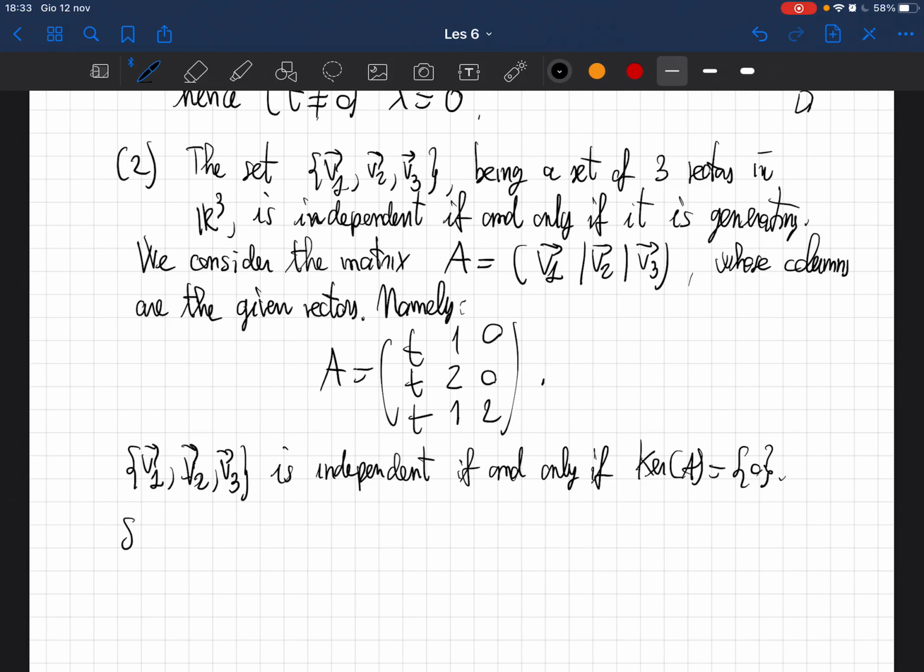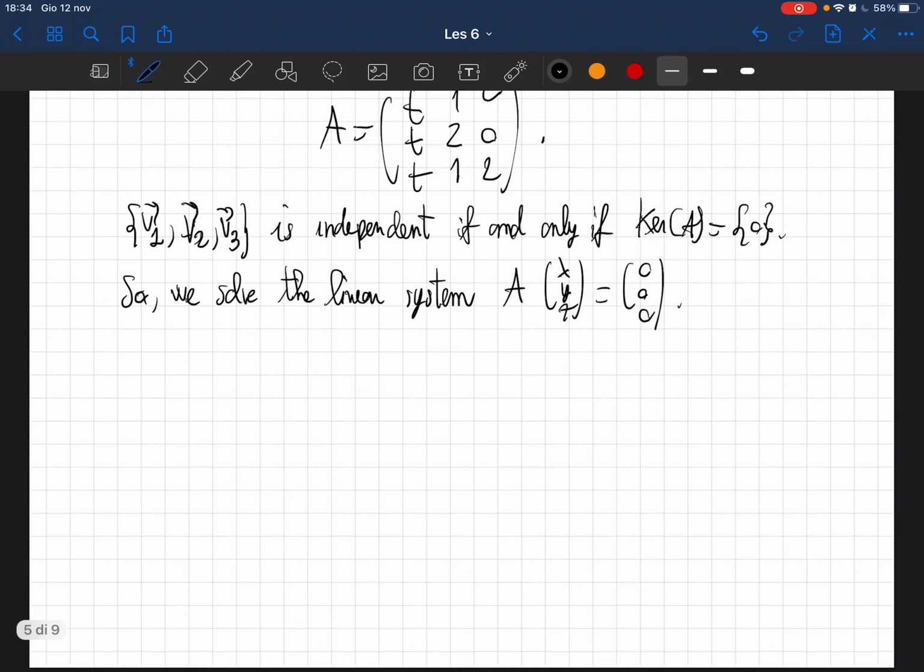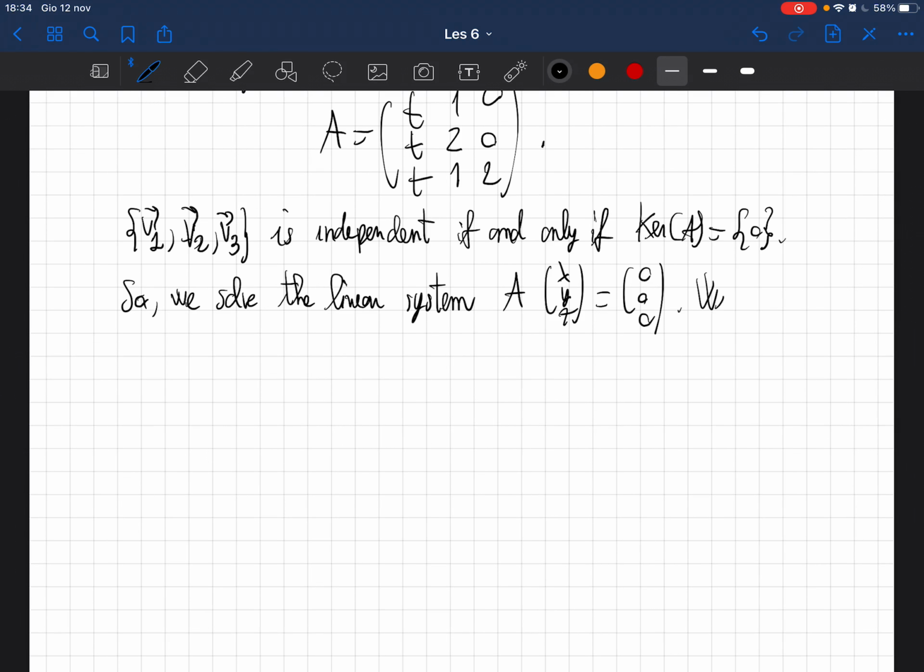So we solve the linear system A times x, y, z equal to 0, 0, 0. We use Gauss elimination on A.